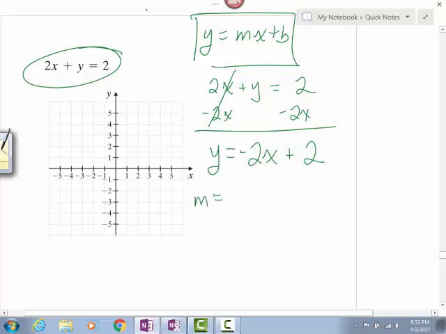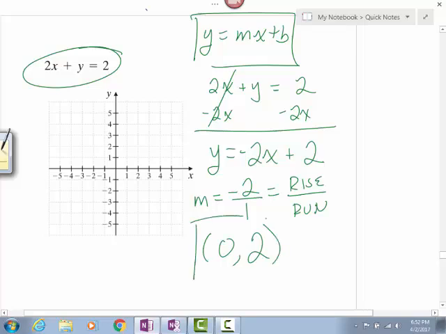So now my m, my slope, is going to be negative 2, but I'm going to think about it as a fraction, negative 2/1. So I can think about my rise over my run. And then my y-intercept is going to be the point 0 and 2. All right, so my first step here, I'm going to plot my y-intercept at 0, 2.